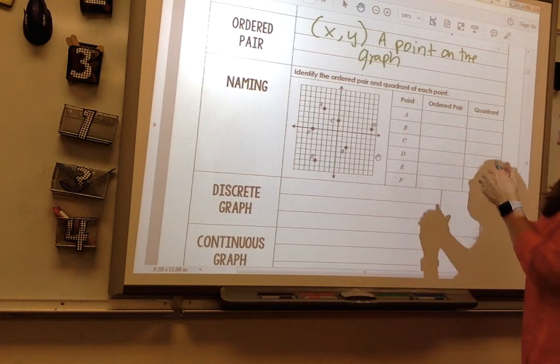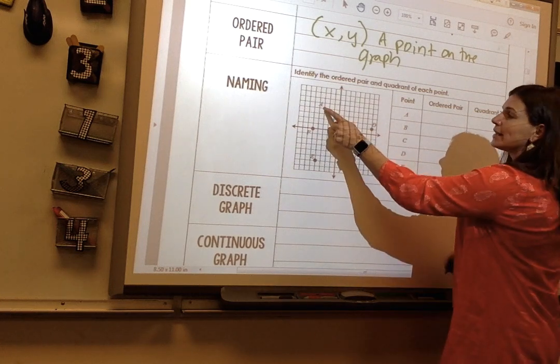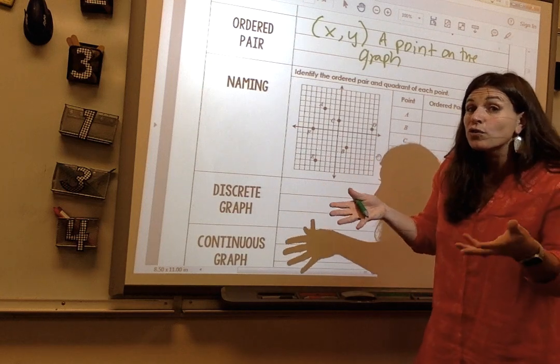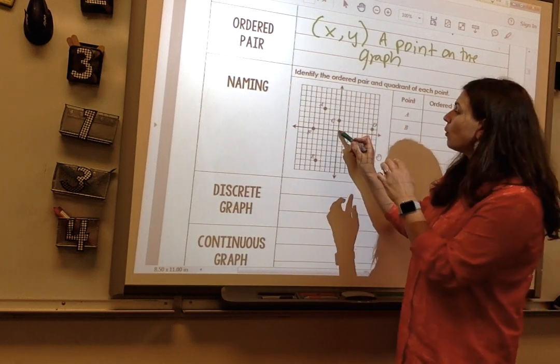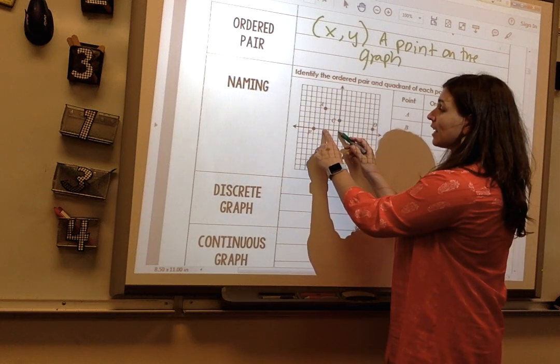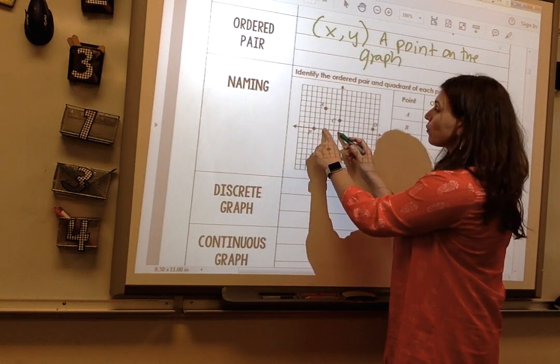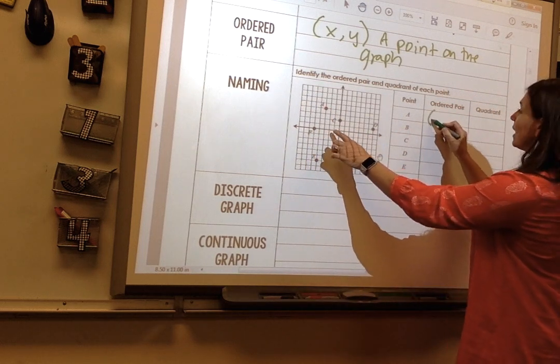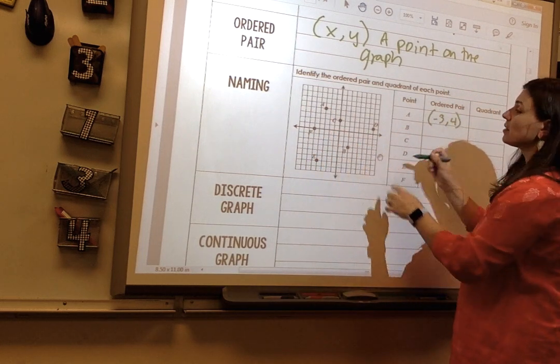So if I want you to name the point, point A is here. You always start at the origin, and we're going on our x-axis in the -3 direction. So I'm going to go -3, +4. So to label point A, it's (-3, +4).